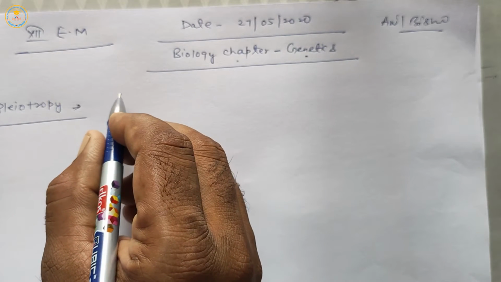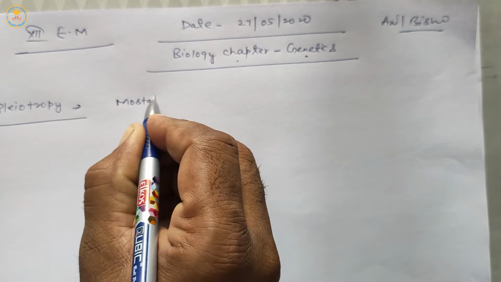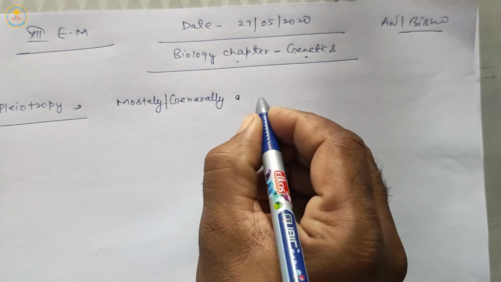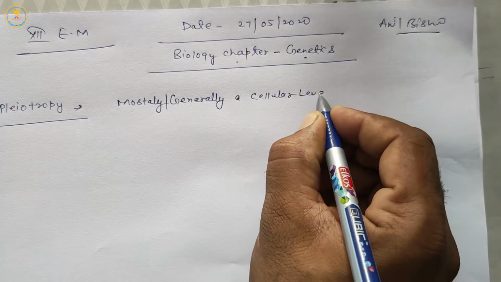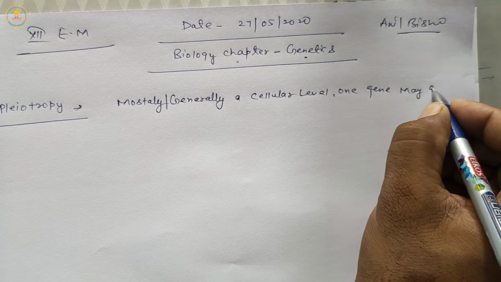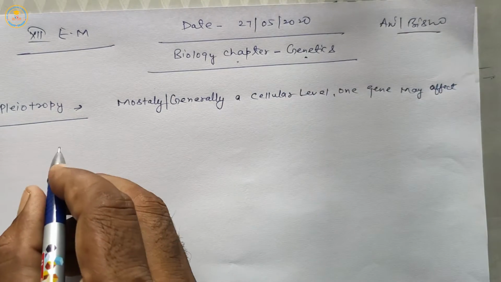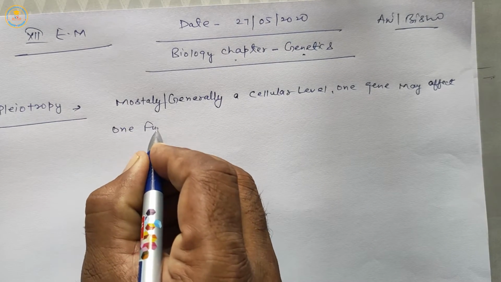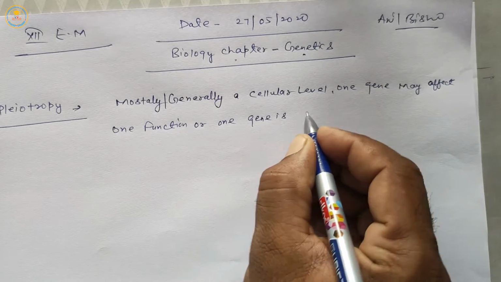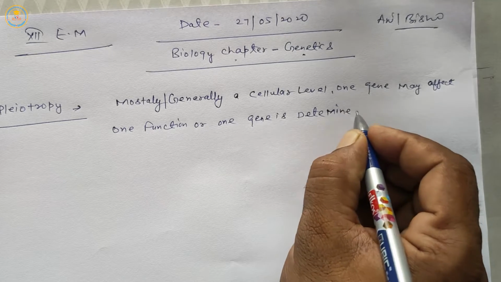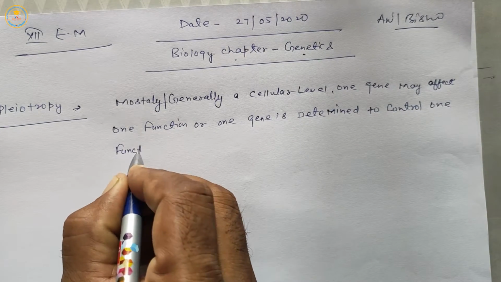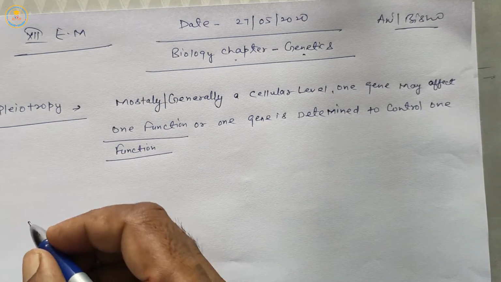Students remember, mostly or generally, at the cellular level one gene may affect one function, or one gene is determined to control one function.